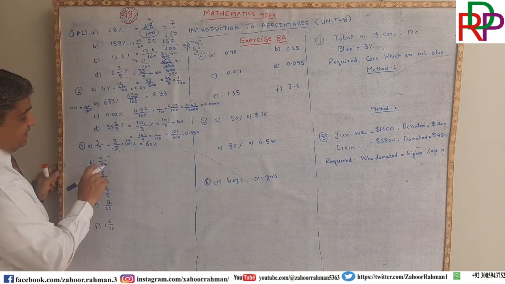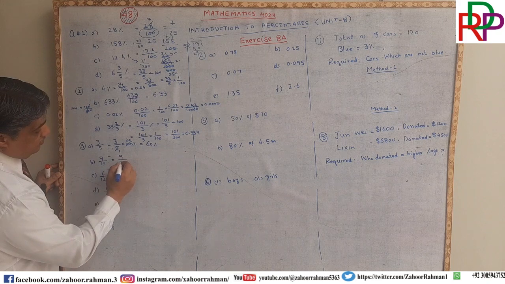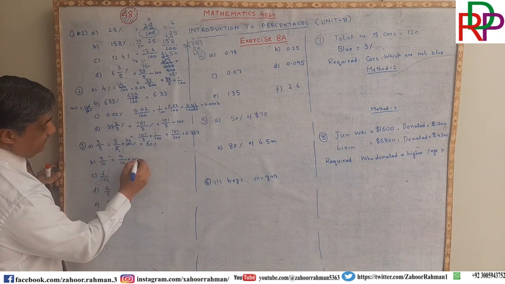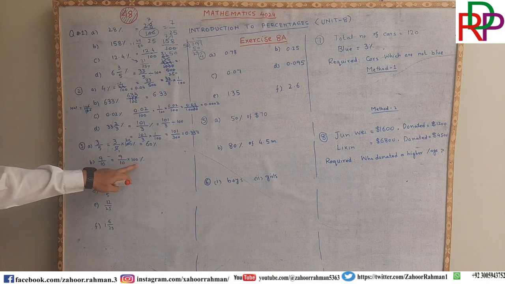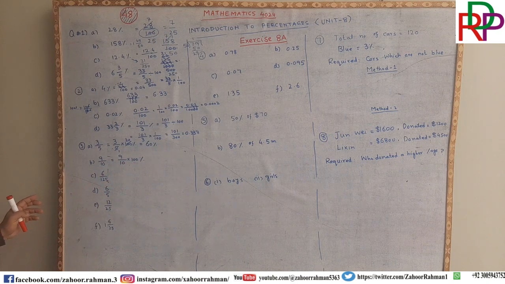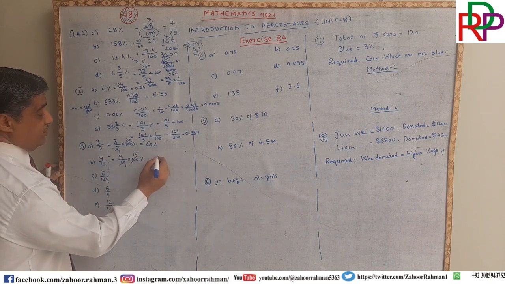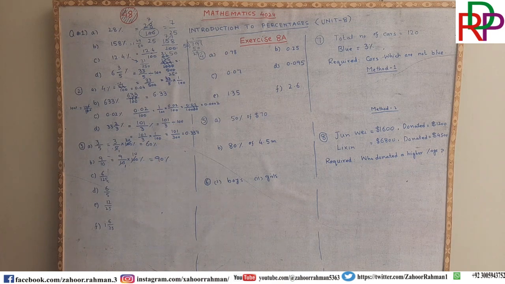Now if somebody is taking 9 out of 10, so 9 out of 10 multiplied by 100%. You have to introduce this technique combined. So 10 ones are 10 and 10 tens are 100, so 90% marks he or she is getting.